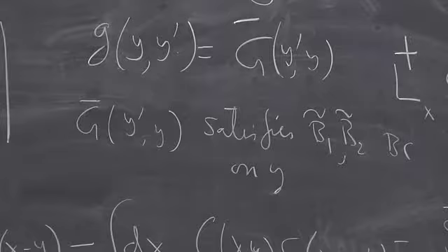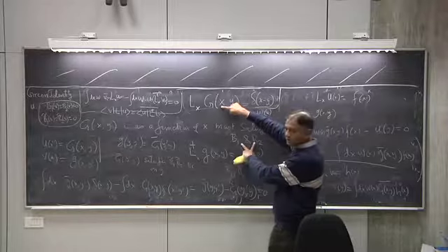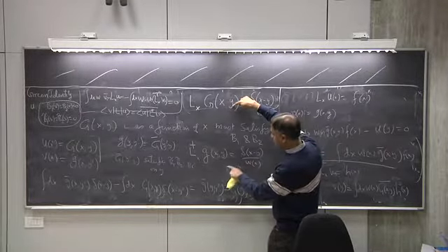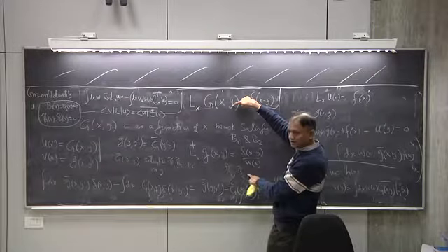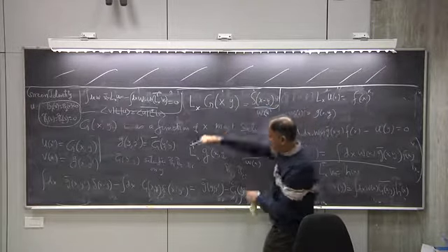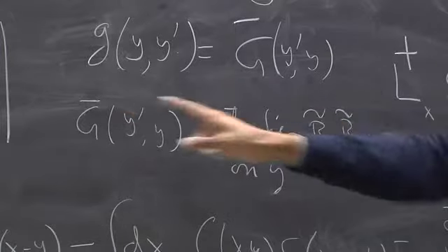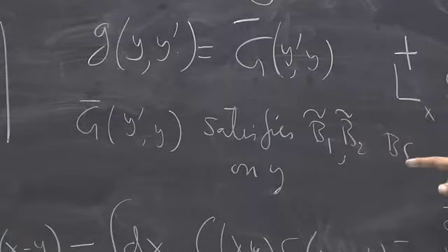It's very precise. If you look at this as a function of x, it satisfies b1, b2 boundary conditions. As a function of y, it satisfies the complex conjugate of b1 tilde and b2 tilde equations, because it's the g bar which satisfies b1 tilde, b2 tilde. If you take the complex conjugate, g will satisfy the complex conjugate of the b1 tilde, b2 tilde equations. That is the important point.